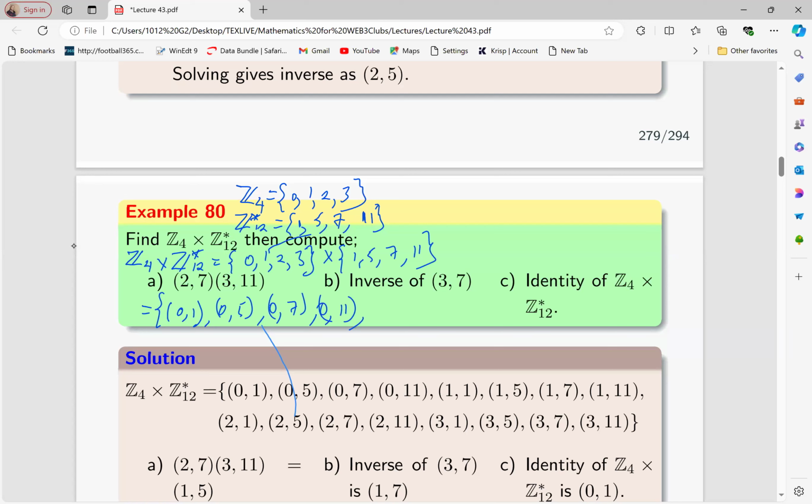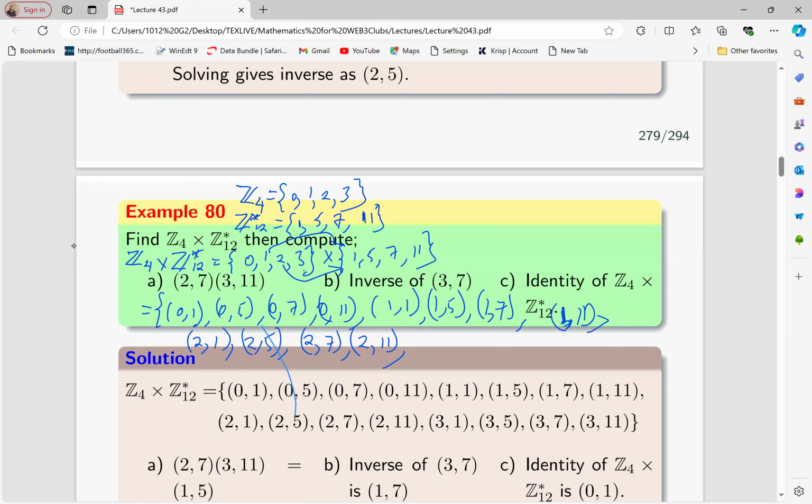So you have 1, 1, 1, 5, 1, 7, then 1, 11. We are done with 1. Now combine 2 with each of the elements here. Get 2, 1, 2, 5, 2, 7, then 2, 11. We are done with the 2.